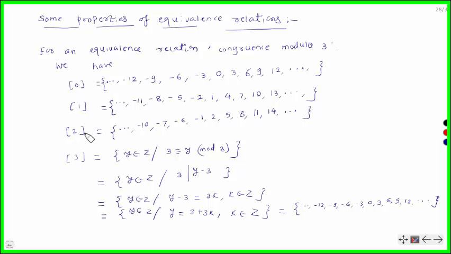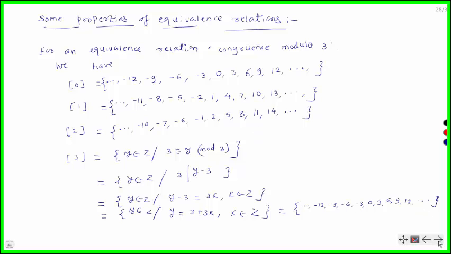So from this we can say that any two distinct equivalence classes are either mutually disjoint, that is no elements in common, or they are same. That is, it does not happen that two distinct equivalence classes have a non-empty intersection. If there is a non-empty intersection, then the two equivalence classes must be equal.